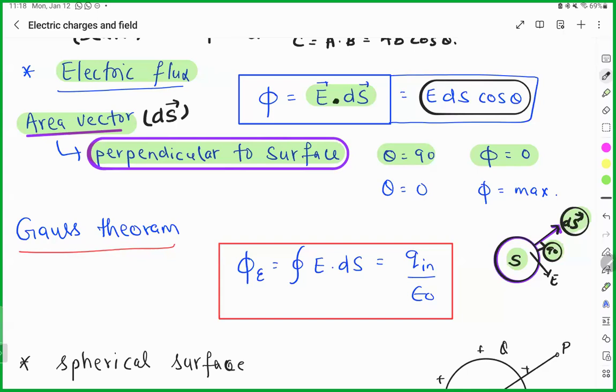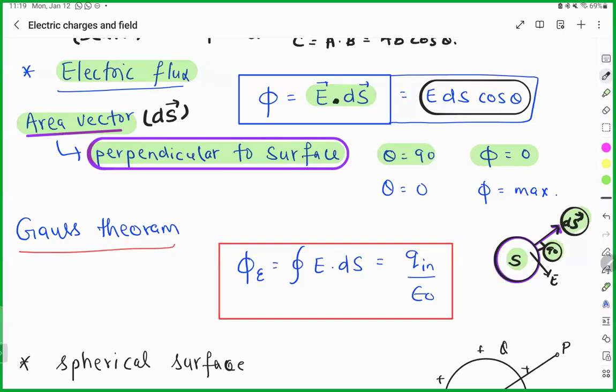Sir, can you explain the second one? First one, take the surface of the phone, pass a line perpendicular to the phone. The line will pass through it, maximum electric flux. Correct? But if you rotate your phone by 90 degrees, now your phone is in front of your eyes and your pen is coming from this side.